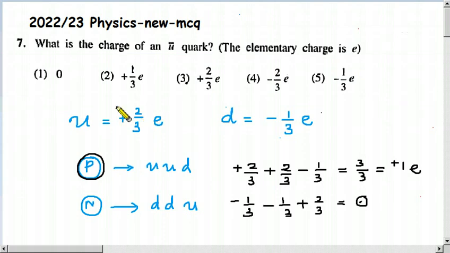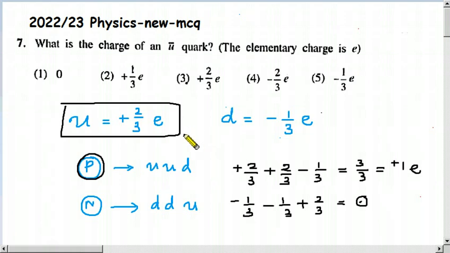But what they ask is not this one, but the anti-up quark. If it is anti, only the sign inverts, that means positive turns to negative.